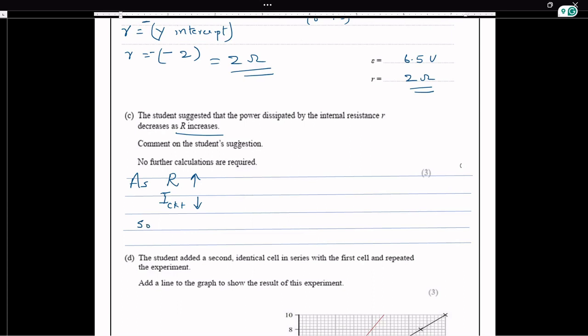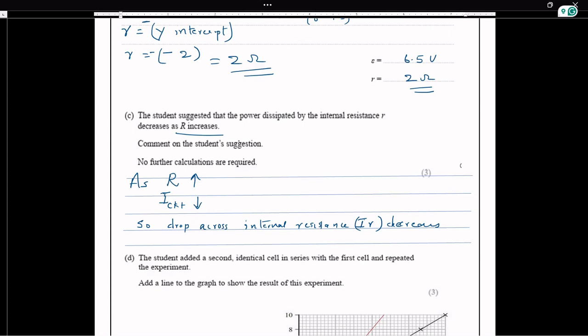So what is happening? The drop across the internal resistance, I times r, decreases. When the current is decreasing, the drop is also decreasing.